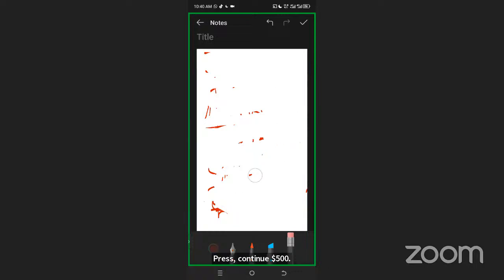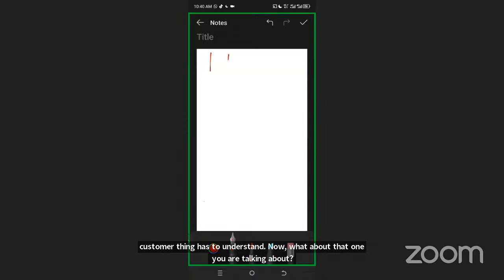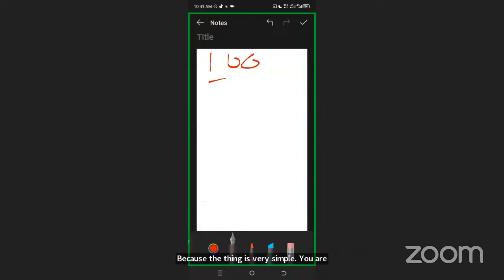Someone has talked about something here, but if even this small thing has failed people to understand, now what about that one you are talking about? Because the thing is very simple. You are using $100, divide it by 5.